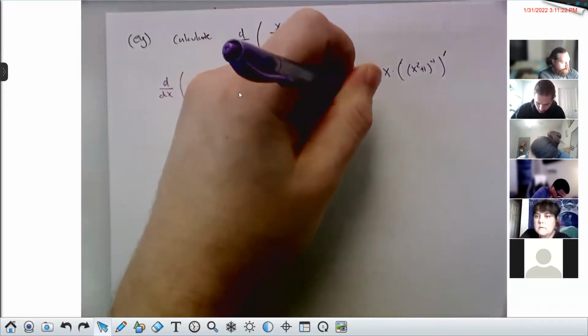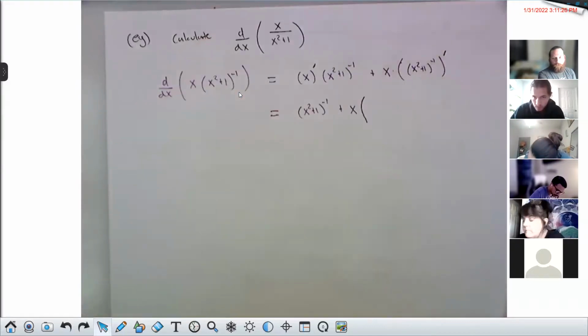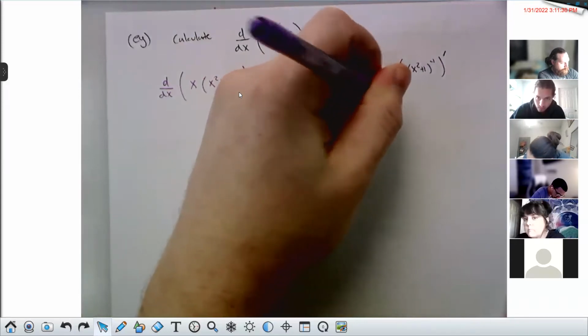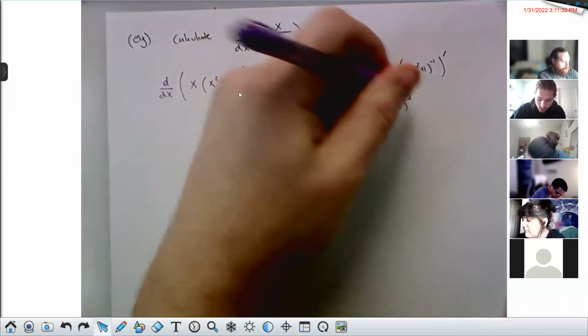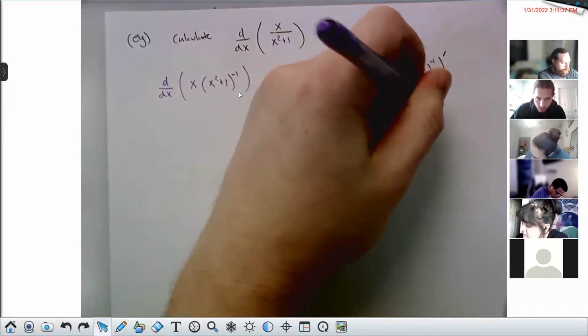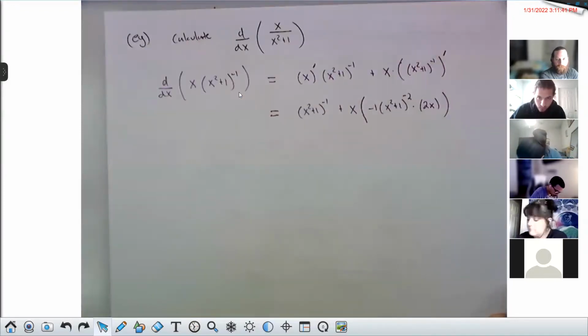The derivative of x is just 1, so this would be x squared plus 1 to the negative first plus x times, and now here's where I need my chain rule. That would be negative 1 times x squared plus 1 to the negative 2 times the derivative of x squared plus 1, which is 2x. Is this nicer than using the quotient rule?